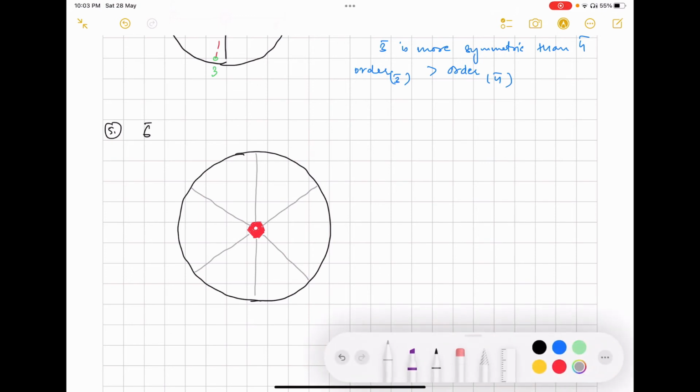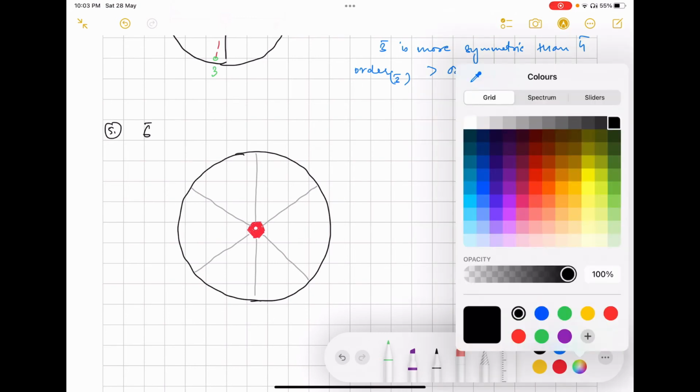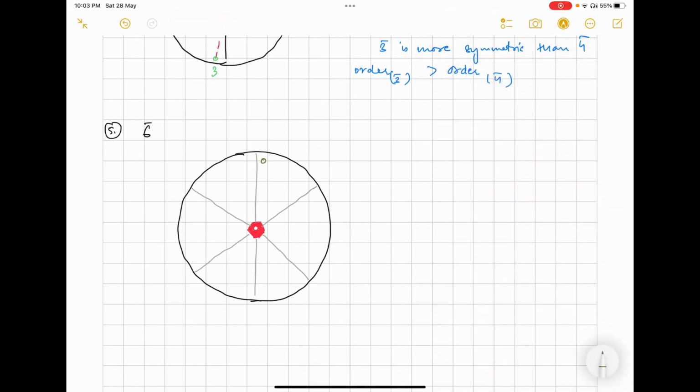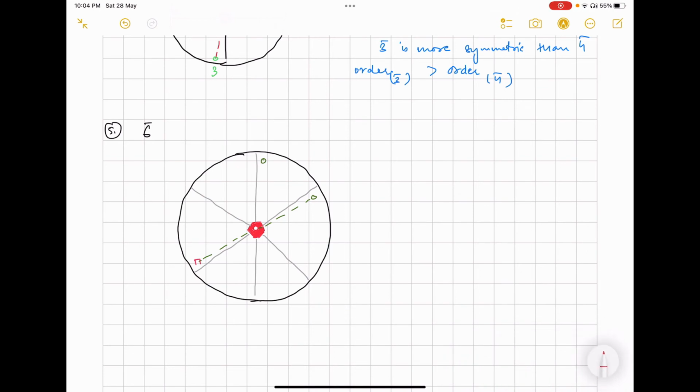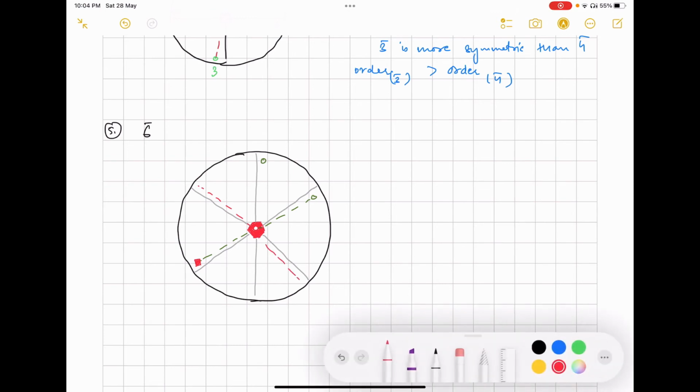Now for 6 bar let us start with a point here. After 60 degrees of rotation it goes here, and then after inversion it becomes a point here. Okay, so now this after 60 degrees reaches here, and then after inversion goes here.